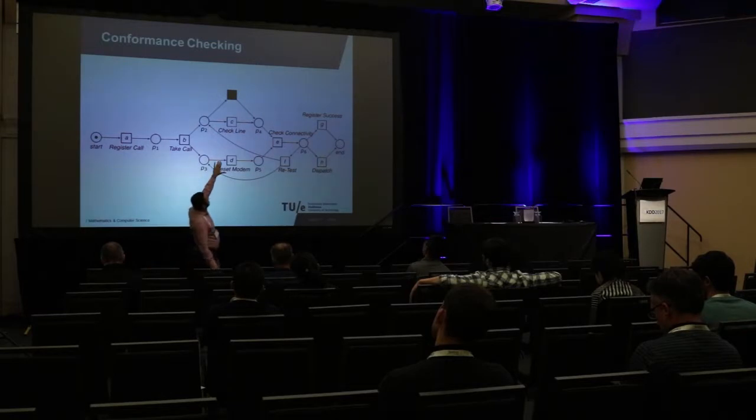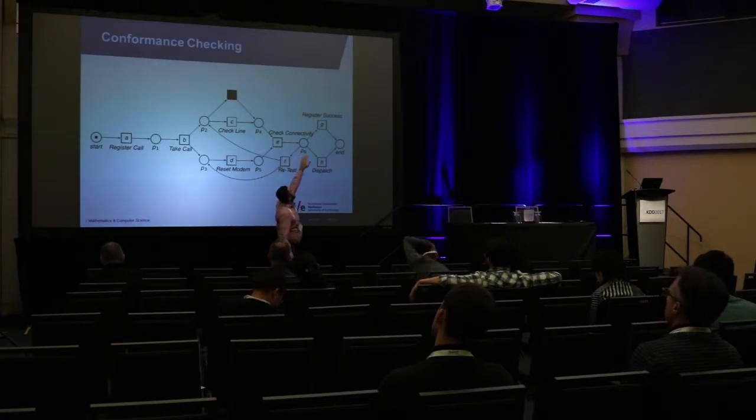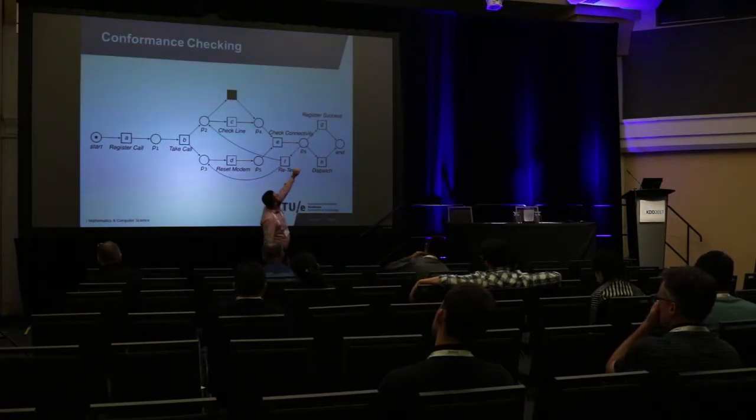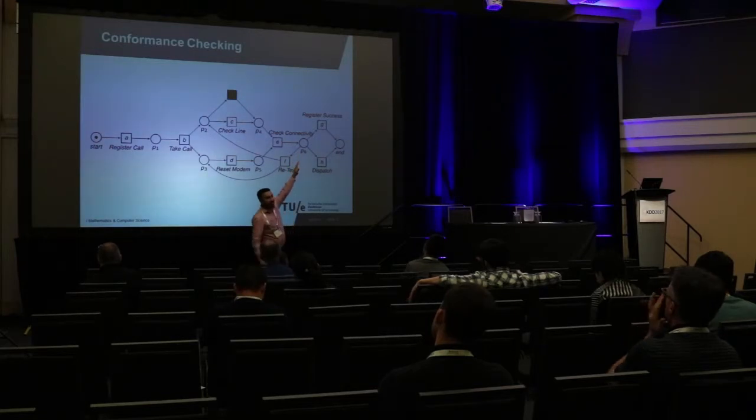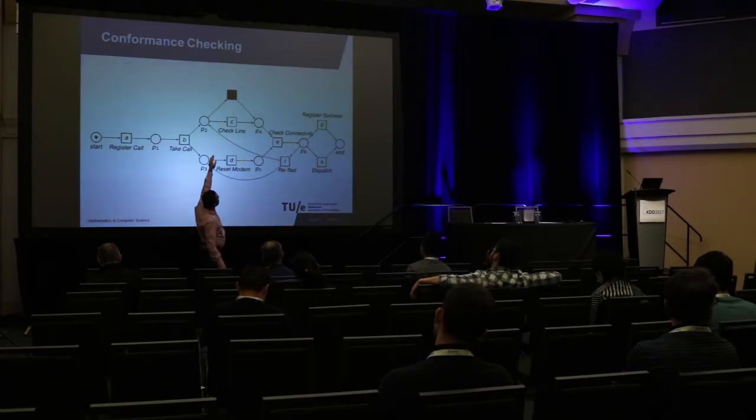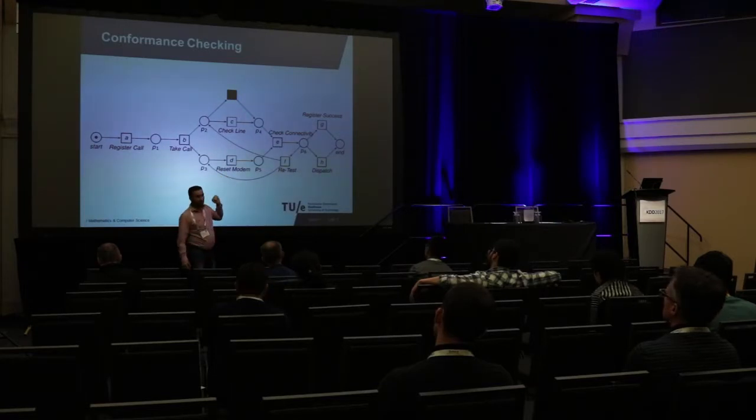And then once those two tasks are done, we check the connectivity. And here, these represent three choices. We can either register success, that means it was successfully finished, or dispatch it, or we do this loop back to retesting the check line and reset it again.